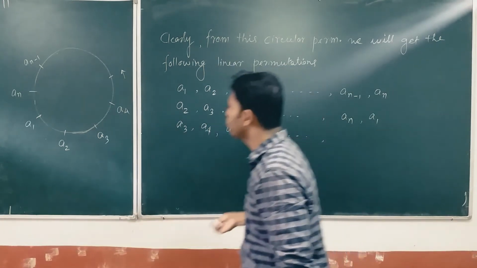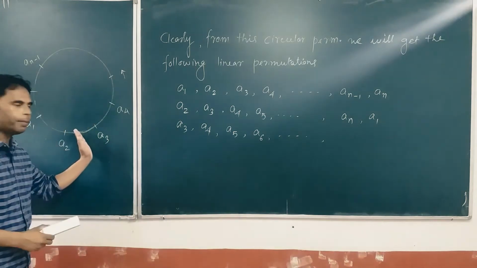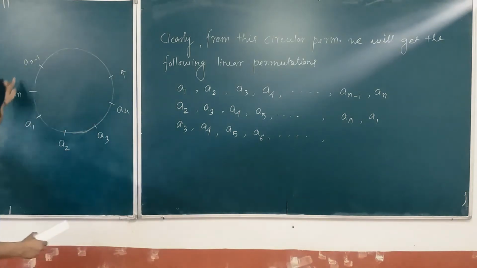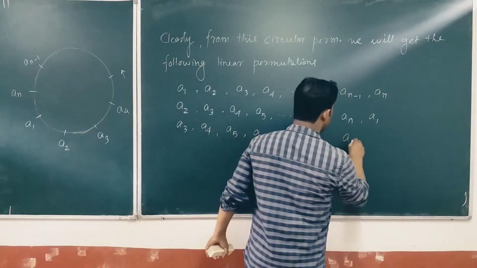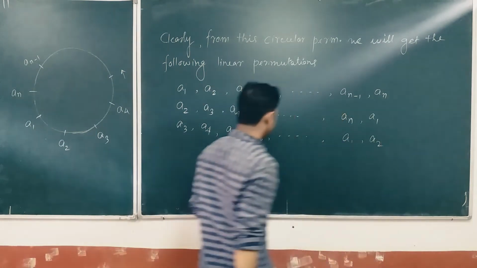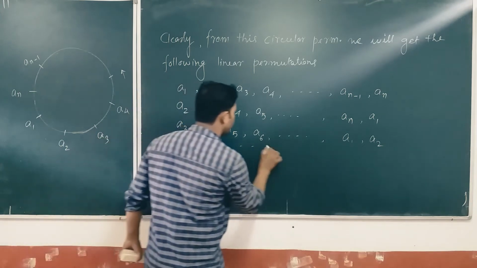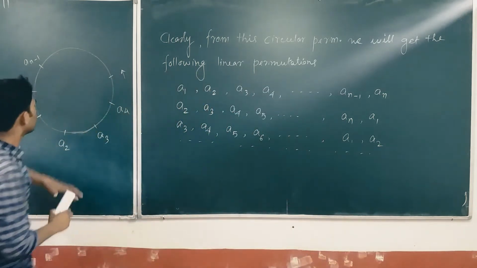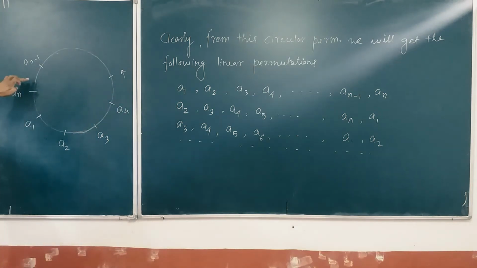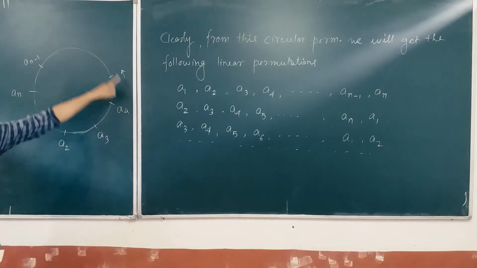It will be finished at A1, A2 last one. So it will be A1, then A2, and in this way you proceed downwards. Last, you have broken down here, so it will begin from AN.